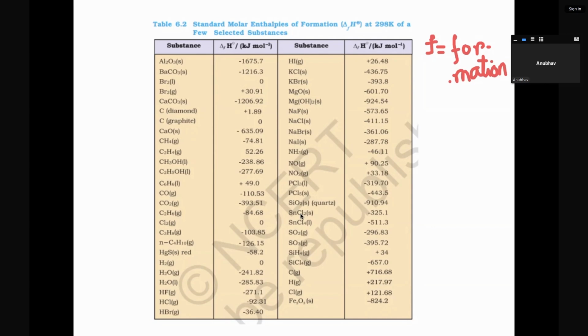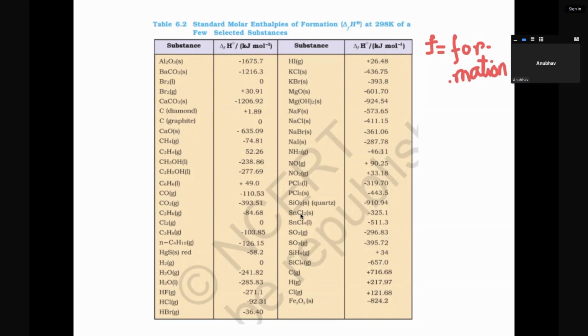Now, in this case, the formation will be composed of all the elements in their most stable states of aggregation. The reference state of an element is its most stable state of aggregation at 25 degrees Celsius and 1 bar of pressure. For example, the reference state of dihydrogen is hydrogen gas.